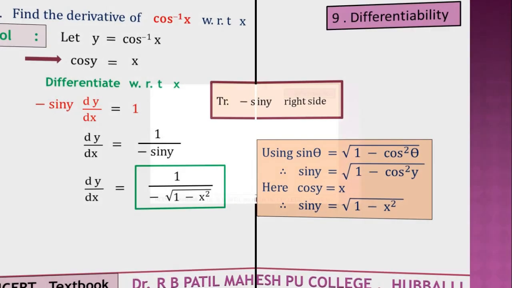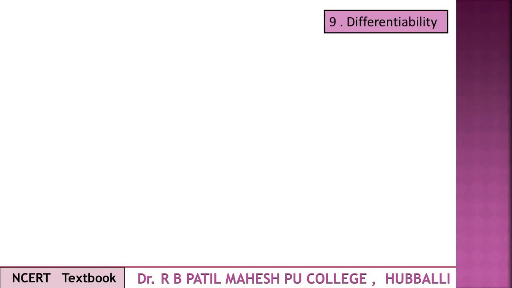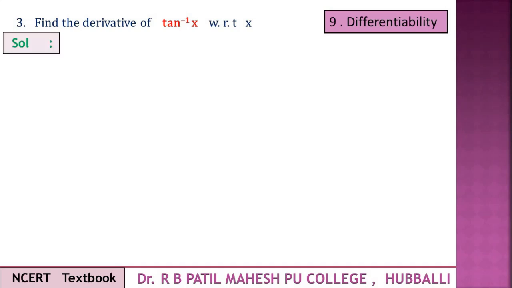Okay, next is the derivative of tan inverse x with respect to x. Same method of writing: y is equal to tan inverse x, and transferring the inverse function to the left side, from this inverse trigonometric equation we get tan y is equal to x.